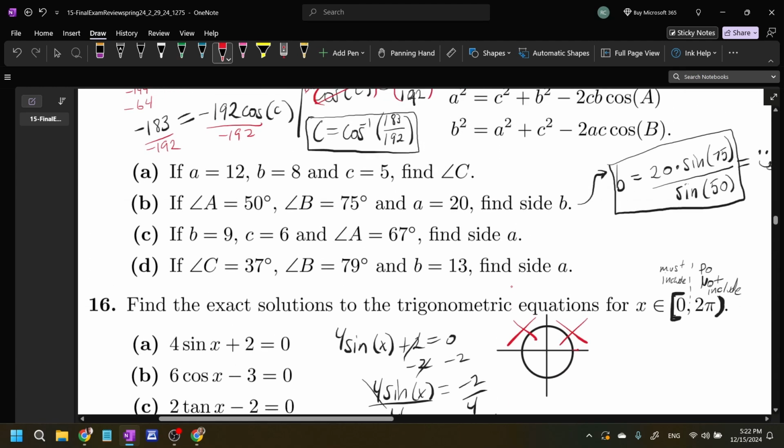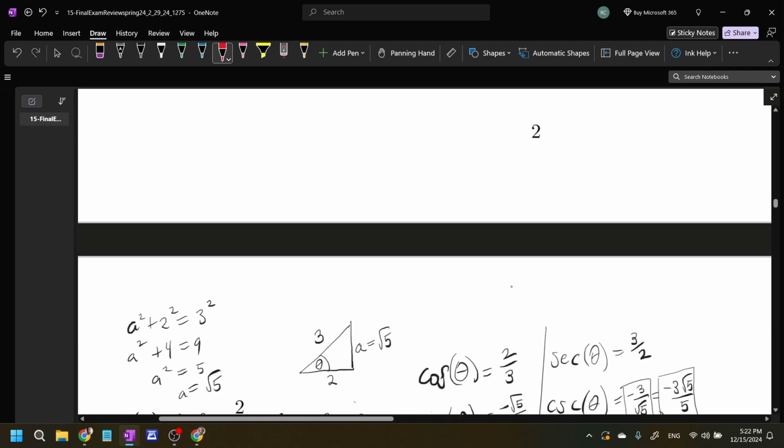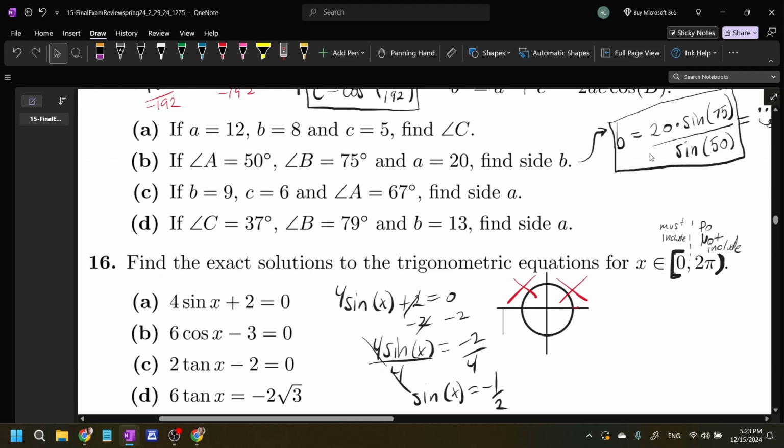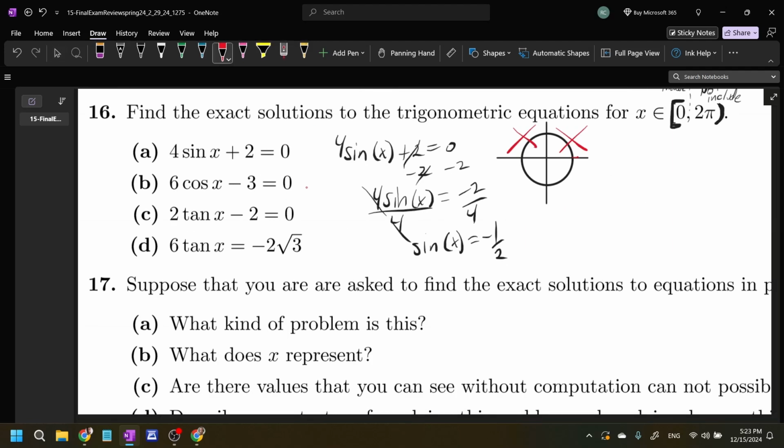So we need to find sine of some angle that gives us 1/2. Let's go back up to our table of trig values and find some angle such that when we take the sine, we get 1/2. That's 30 degrees, or pi over 6. So our reference angle is 30 degrees. We need to find an angle in quadrant 3 and quadrant 4 that shares a reference angle with 30 degrees.